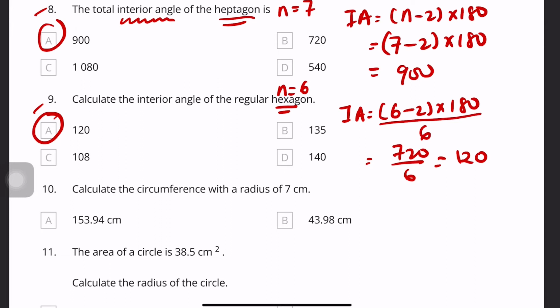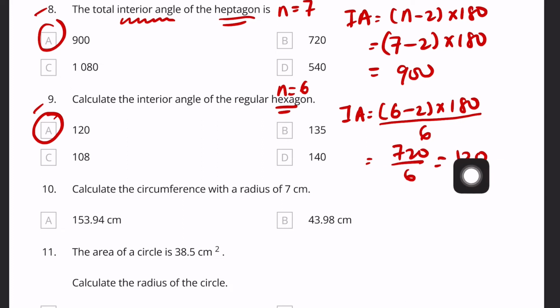I hope you can clear out the difference between total interior angle and interior angle. If it is the total interior angle, the question asks you to calculate the sum of all the angles. Meanwhile for number 9, the question is only interested in the value of one angle.